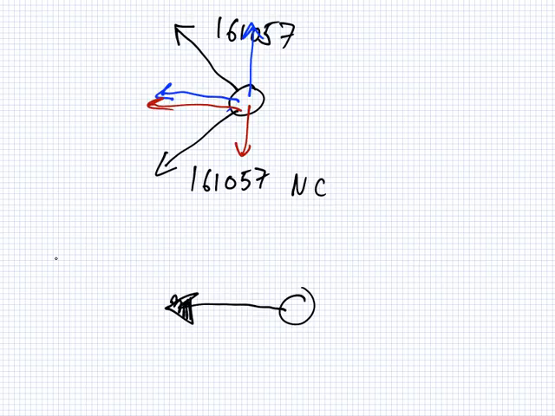So the answer will be 2 times 161,057 times cos theta. And we have to work out the theta here, which will be tan inverse opposite over adjacent, which is 0.7992.